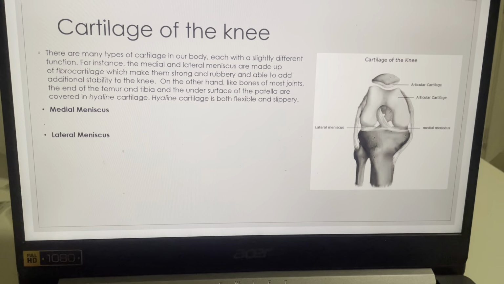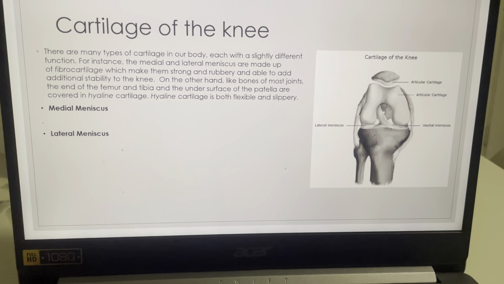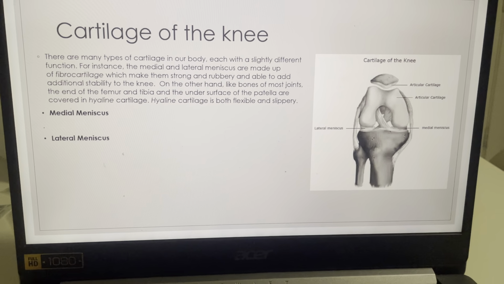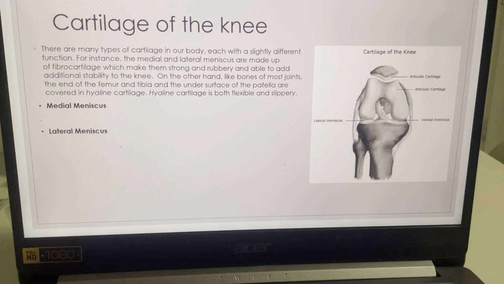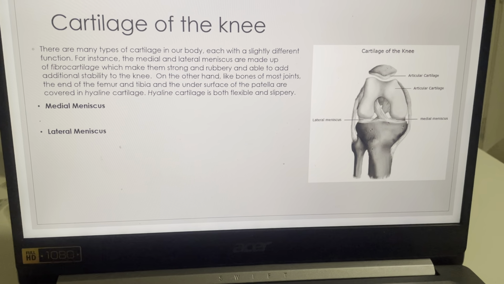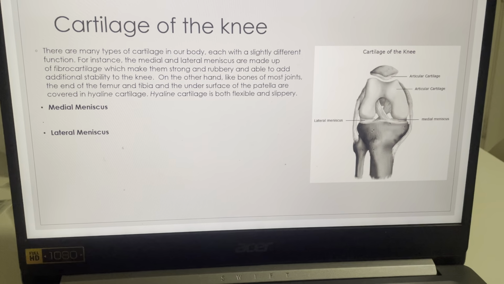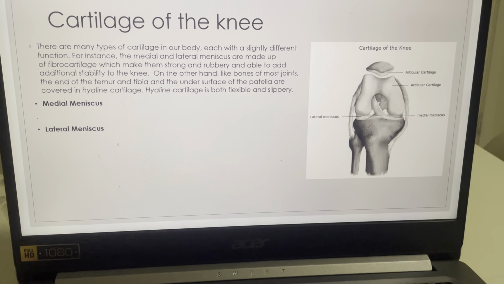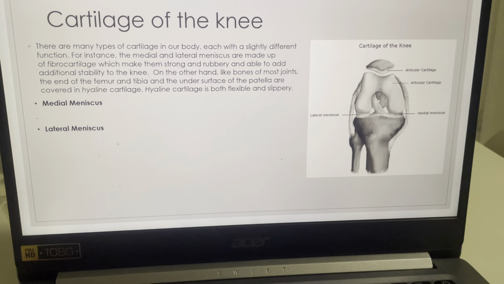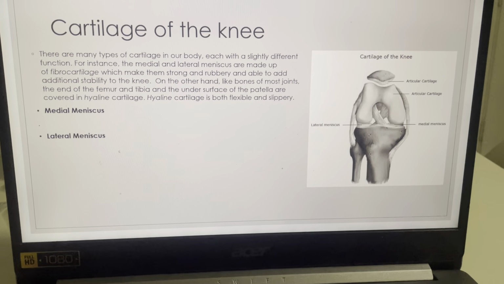Hyaline cartilage is both flexible and slippery. So the cartilage of the knee includes the lateral meniscus, medial meniscus, and articular cartilage.